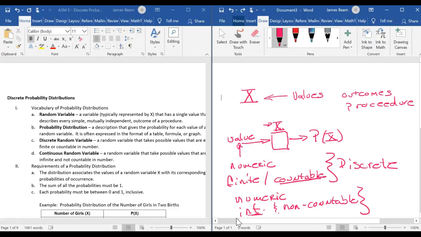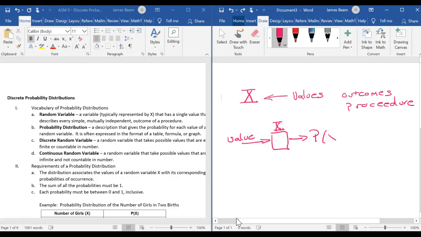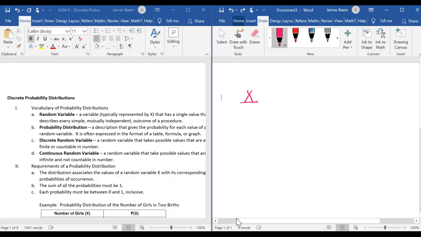If I have a probability distribution, there are certain requirements that have to be met. So remember that the probability distribution takes a value for the random variable, right? So some value, and returns a probability for that value. Right, so it sticks that value into X and then returns a probability for X. So this means that if you take the sum of all the possible values, you should get 1, right?